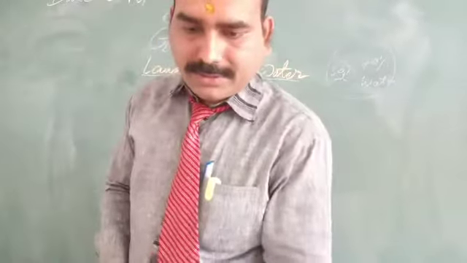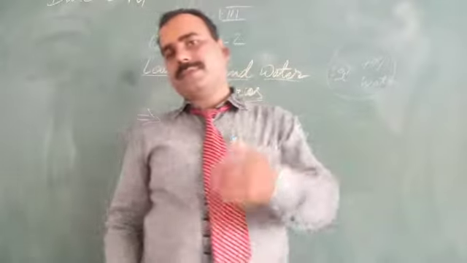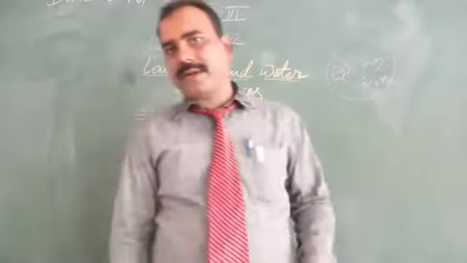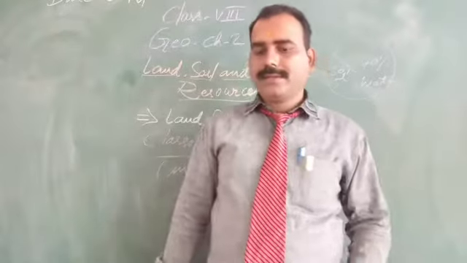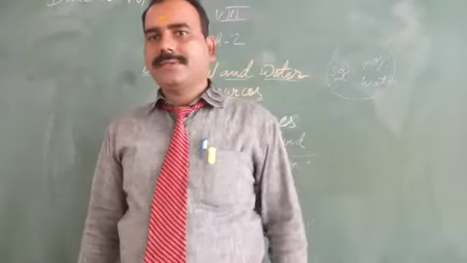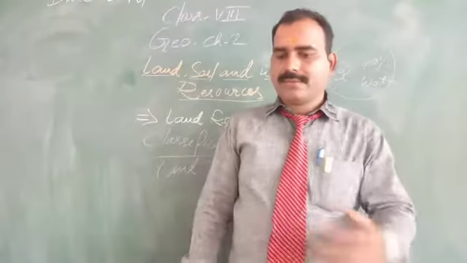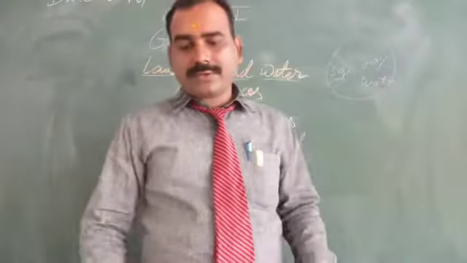Let's discuss about it. Think about the afforestation. I have explained to you afforestation and deforestation. Cutting down of the trees on large scale is known as the deforestation, and planting of a tree is known as the afforestation. So think about the afforestation.